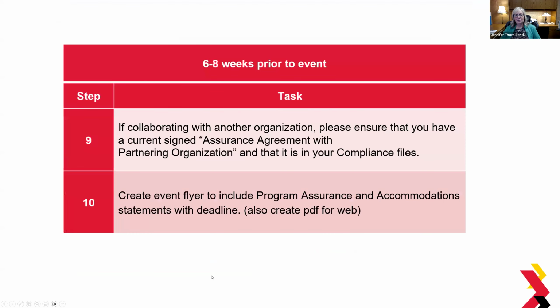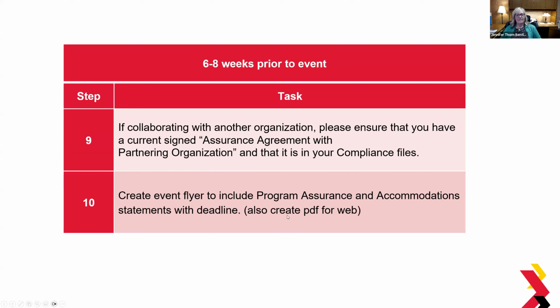So let's jump back into our check sheet, our logistics. We're still about 2 months out prior to our event. This is one thing that we want to make certain always, that if we're collaborating with another organization for our event or wherever we're holding this event, please ensure that we have a current signed assurance agreement with partner organization, is what it's called, and that it is in our compliance files, because that's something that is required for any non-governmental partners that we have.